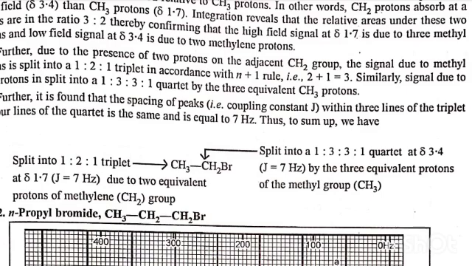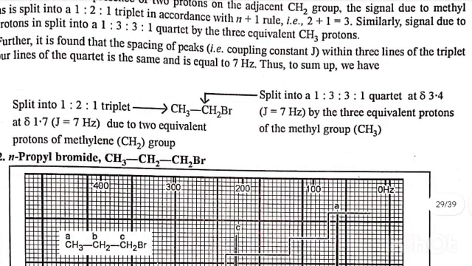2 methylene protons. Further, due to the presence of two protons on the adjacent CH2 group, the signal due to the methyl protons is split into a 1:2:1 triplet in accordance with the n plus 1 rule, that is, 2 plus 1 equals 3. Similarly, the signal due to the CH2 protons is split into a 1:3:3:1 quartet by the 3 equivalent CH3 protons.